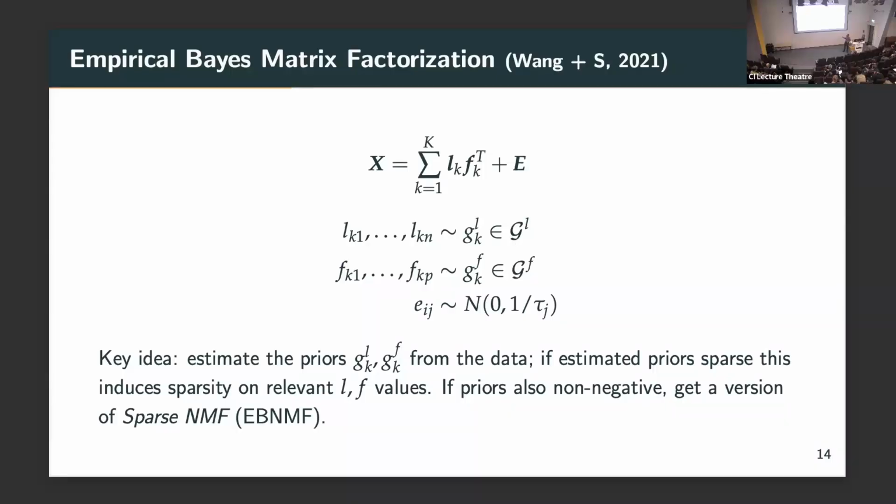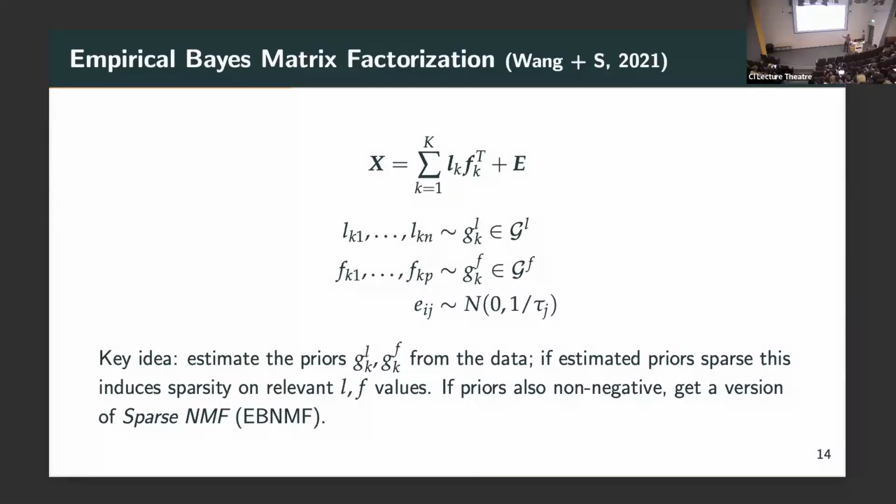In particular, they're a member of some family, G_L, and a family, G_F, which may or may not be the same family. And then we fit this model by empirical Bayes, which means we estimate the g_L^k and the g_F^k from the data, as well as estimating the Ls and the Fs.